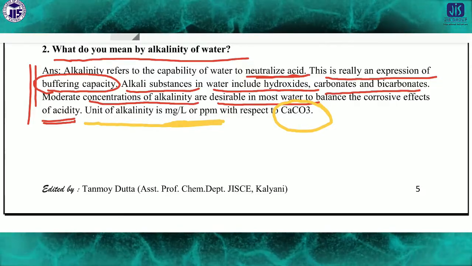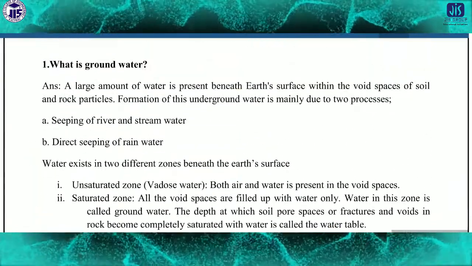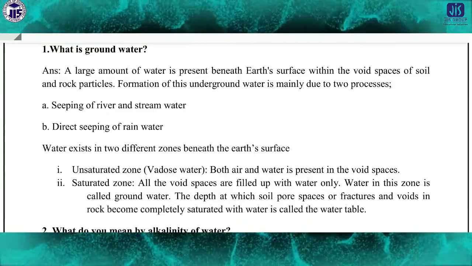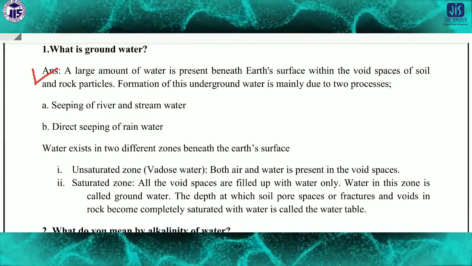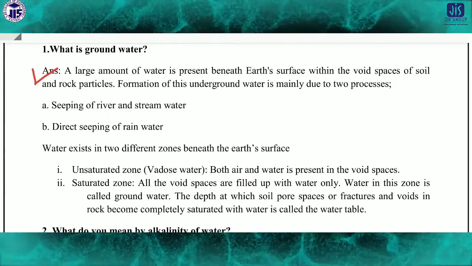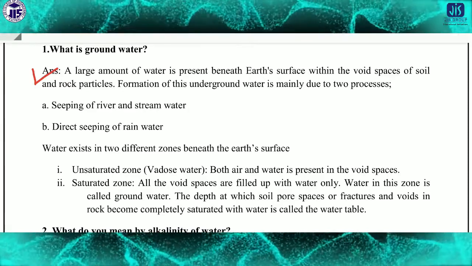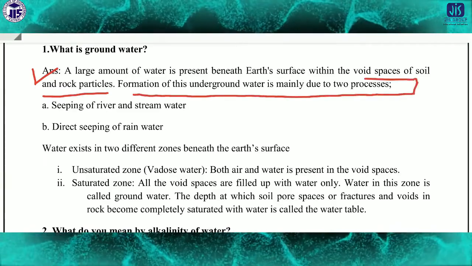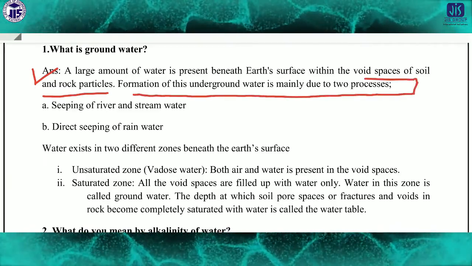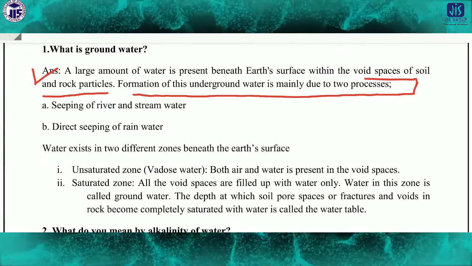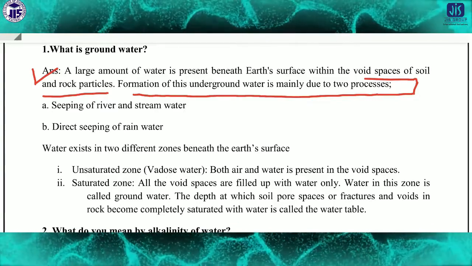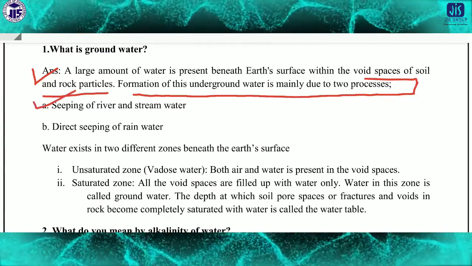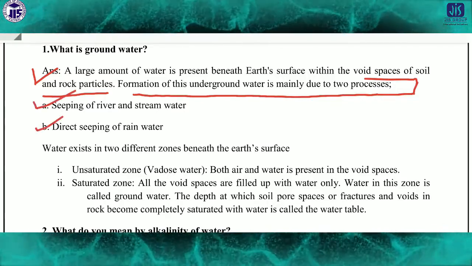Now come to another question. First of all, what is groundwater? We already discussed what groundwater is. A large amount of water present beneath the earth surface within the void spaces of soil and rock particles. Formation of this underground water is mainly due to two processes: seepage of stream water, and direct seepage of rain water.